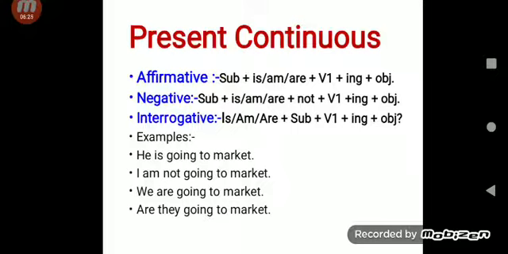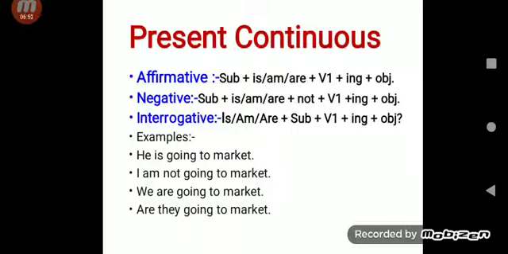He is going to market. So here he is a subject, is is an auxiliary verb, and going to market: here go is verb's first form plus ing, and then to market is object.